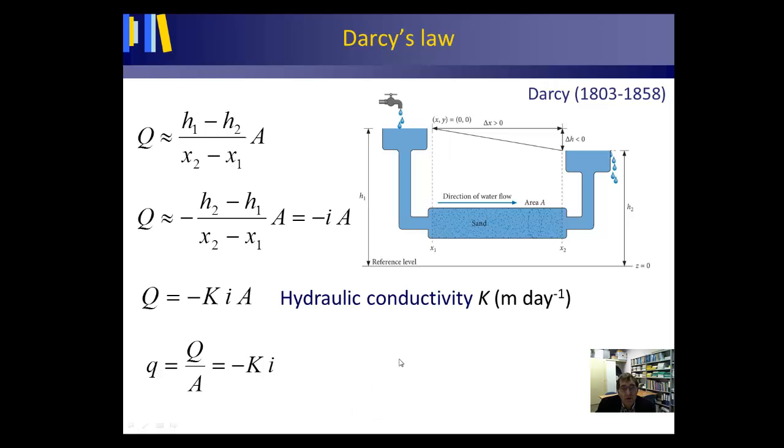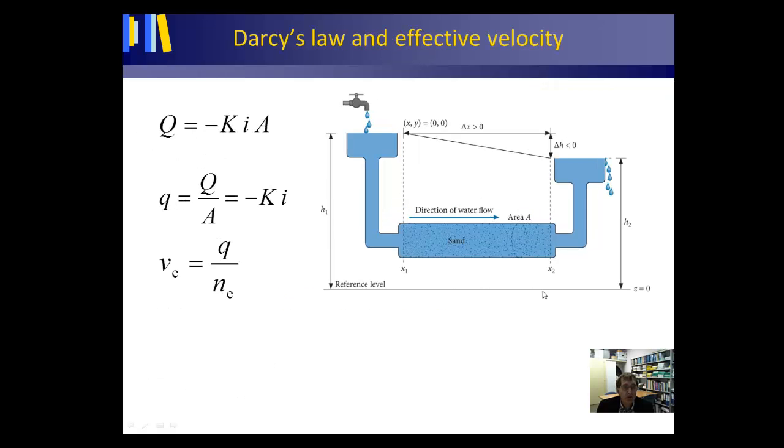If I want to know the real groundwater velocity of water flowing from x1 to x2, of course I need to know the effective porosity. And here we have it. If you divide your volume flux density by your effective porosity, you will attain the effective velocity of your water flow.